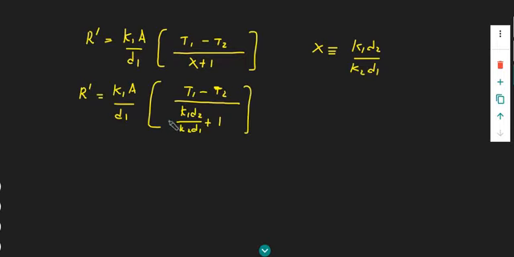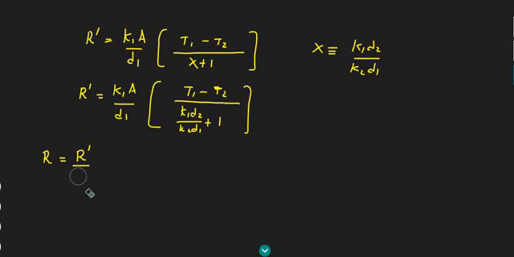Now the question is asking for the rate of heat flow per unit area, and that is defined as R. So R in this case would be the rate of heat flow divided by the cross-sectional area A, because we are looking at the heat flow for a unit area. So that's why I need to divide R prime by A, and then that's equal to the heat flow per unit area perpendicular to the cross section of the bimetallic disc.